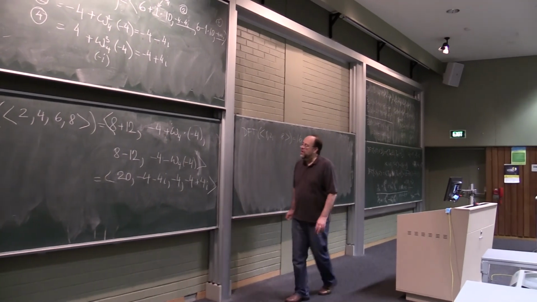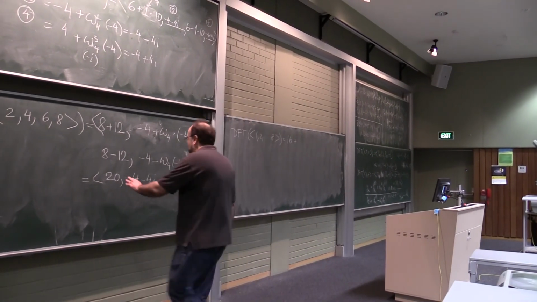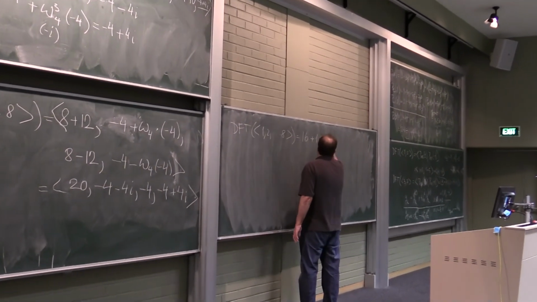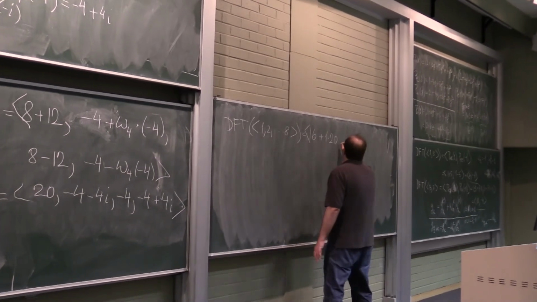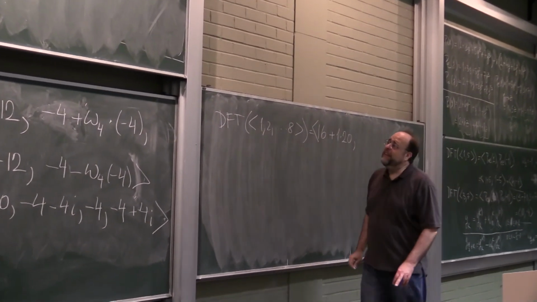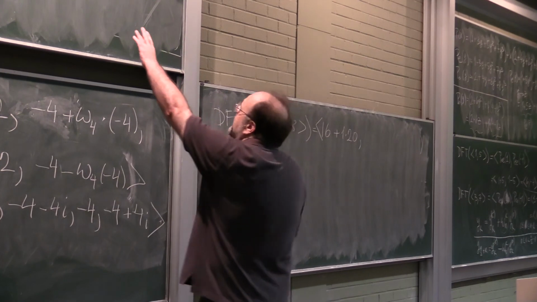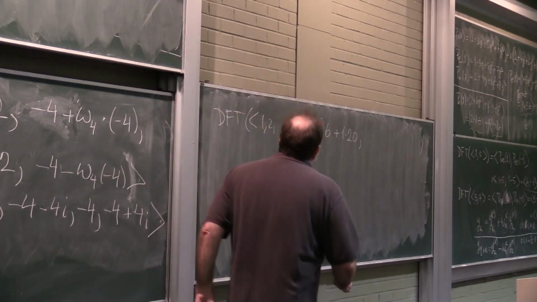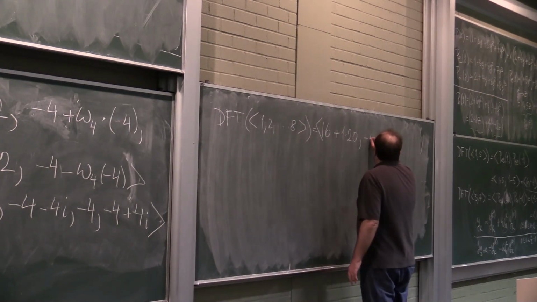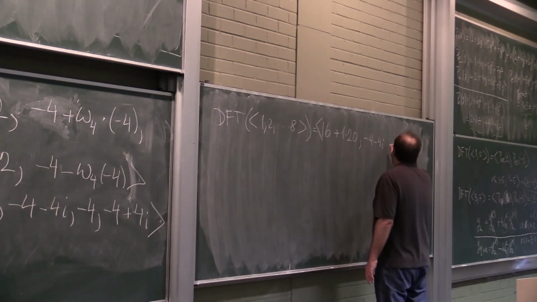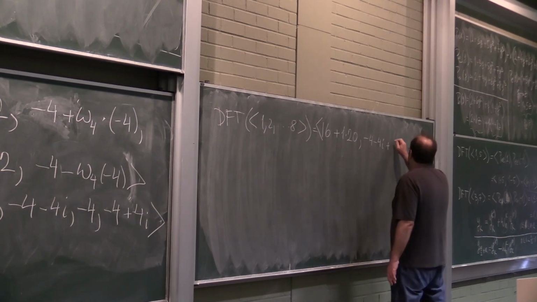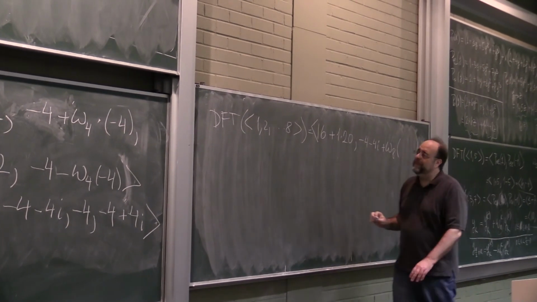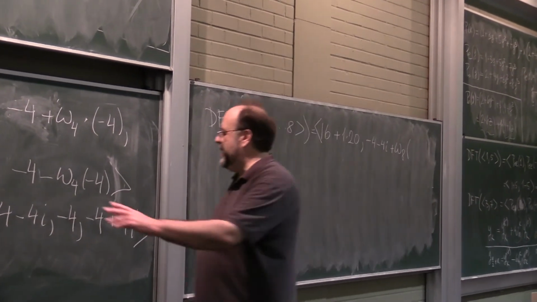Plus, here is 20 plus 1 times 20, right? Then the next is minus 4i plus omega 8 times what is the second value here?